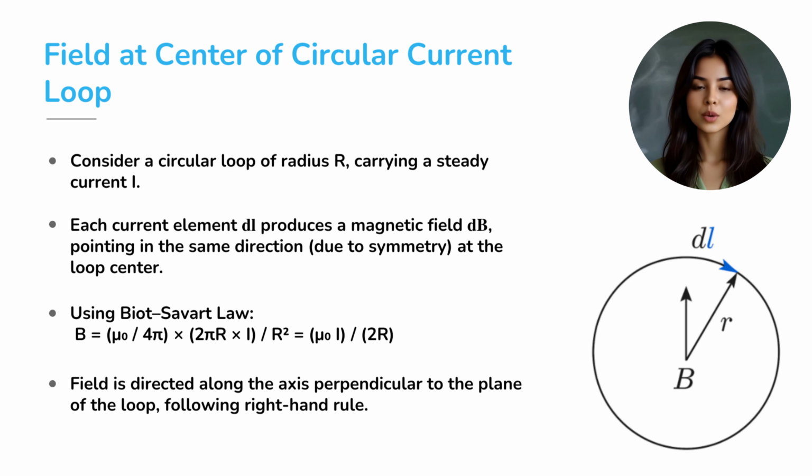When we integrate over the full loop, the formula becomes B equals mu naught multiplied by I divided by 2r. This means that the magnetic field strength at the center increases with current and decreases with radius. This setup is the basis for devices like Helmholtz coils and magnetic field sensors, and it all begins with this neat application of the Biot-Savart law.